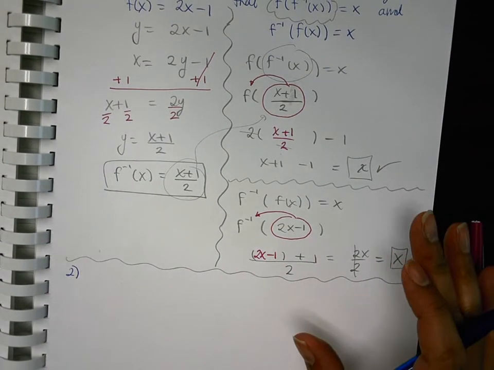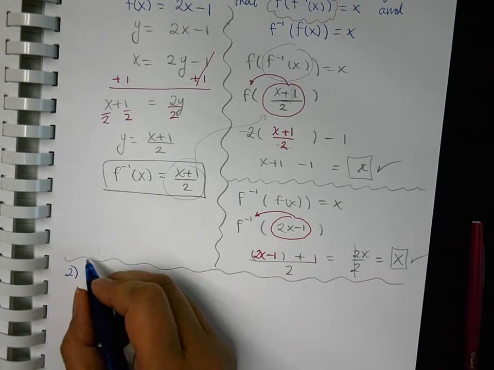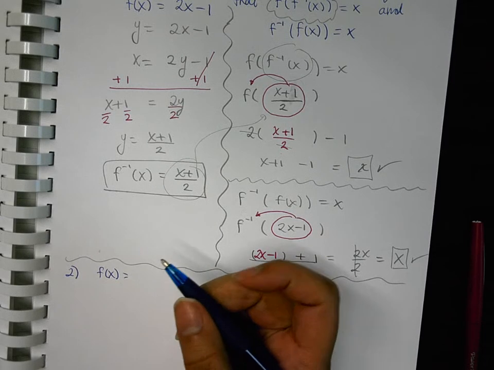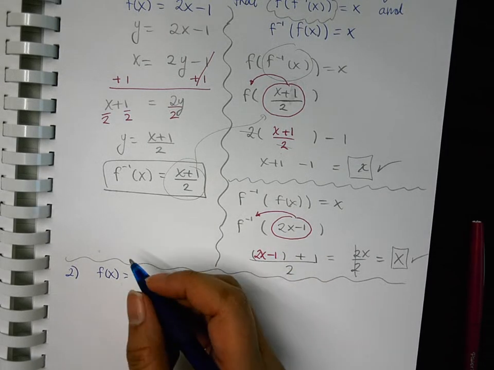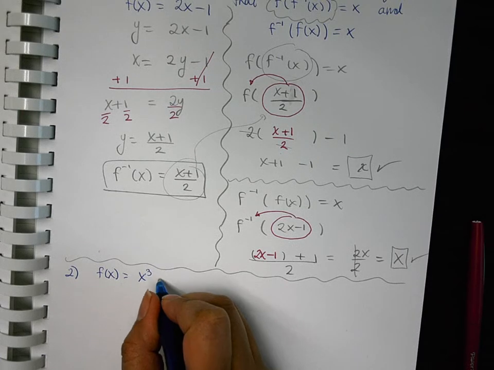All right. Does that make sense? All right, number 2, I'm going to have you do the same thing we did up above. Are you ready? F of x equals x cubed plus 1.